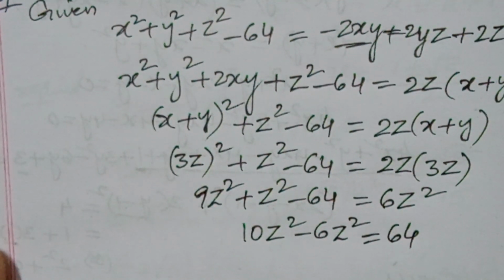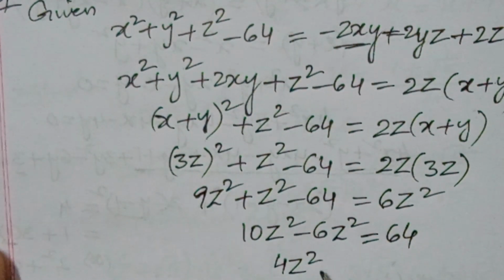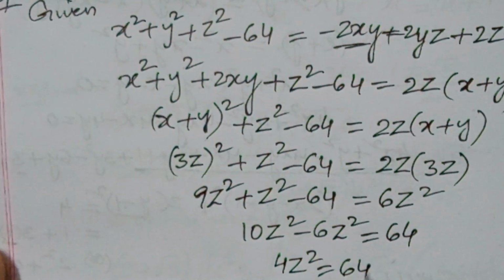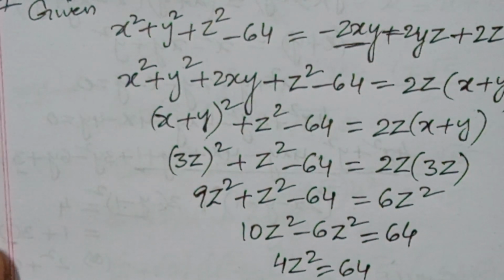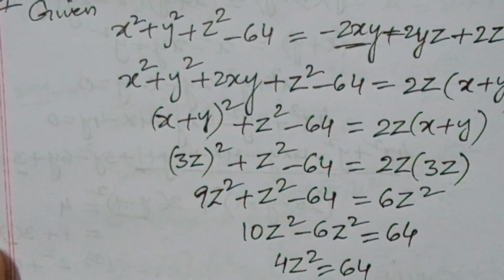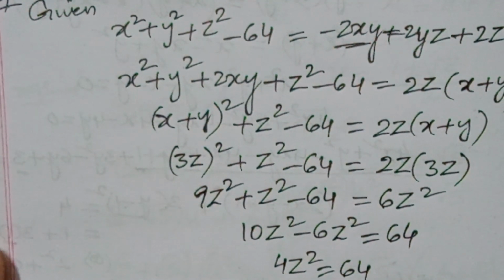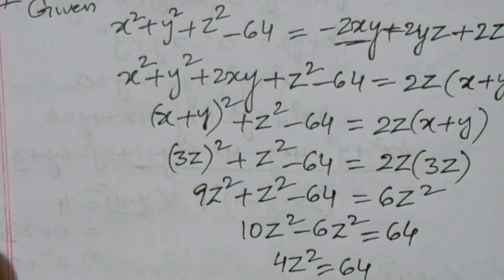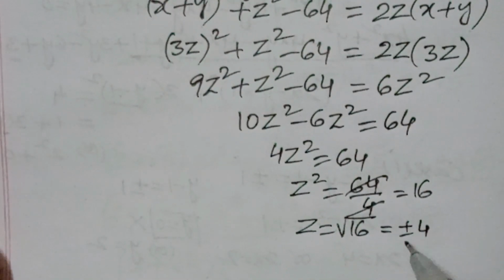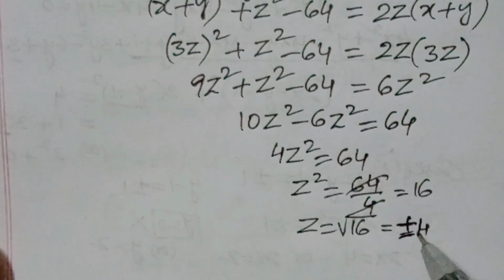Now 4z² = 64, z² = 64/4, you will get 16. z = √16, that is nothing but plus or minus 4. The z value is plus or minus 4.